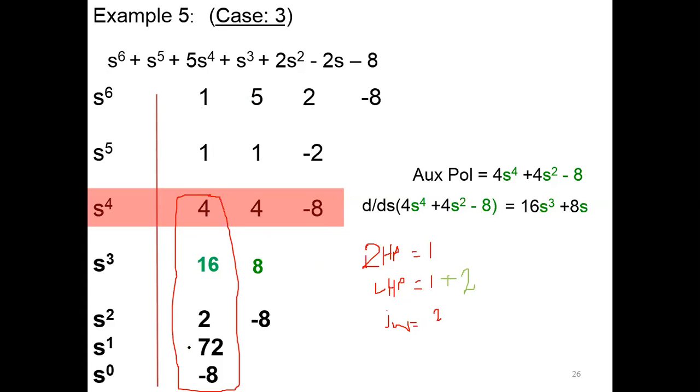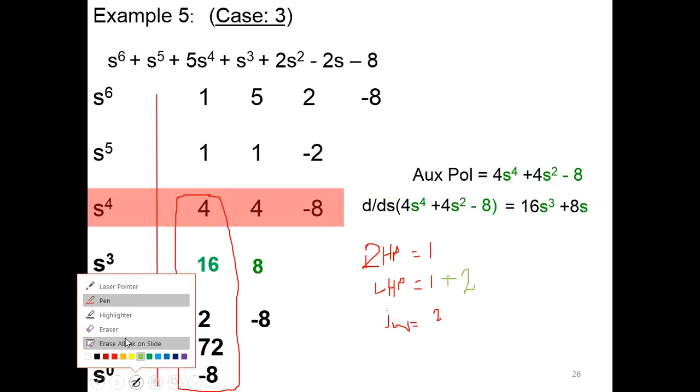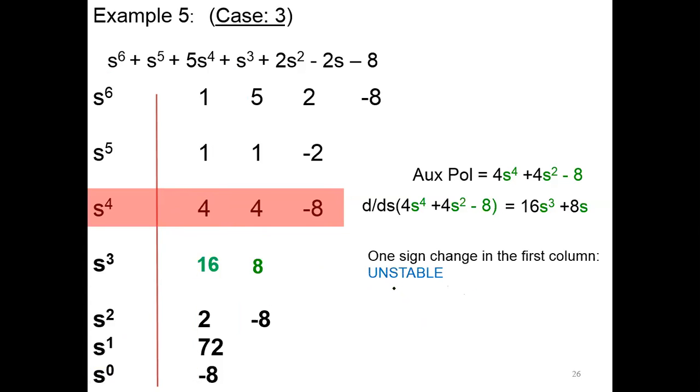So below the auxiliary polynomial we have to consider this symmetry. One sign change in the first column means we have an unstable system.